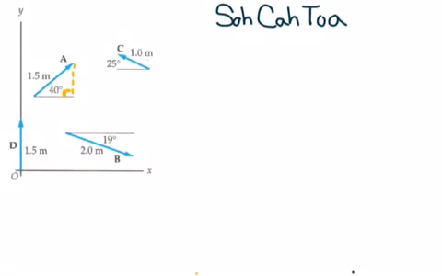Alright, so I'm going to start with sine. Sine of the angle theta, which in this case is just 40. I use the angle that's given, sine of 40 degrees, is equal to the opposite side. So here's my angle, I go to the opposite side.